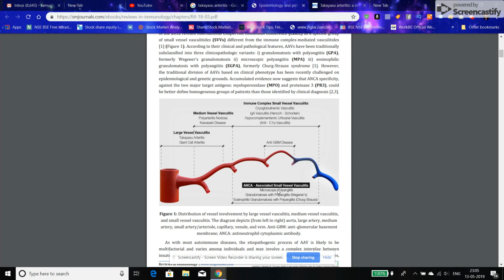Vasculitis can be divided into large vessel vasculitis, medium vessel vasculitis, and small vessel vasculitis. Large vessel vasculitis includes diseases like Takayasu arteritis and giant cell arteritis, and involves the large arteries like the aorta and its branches.